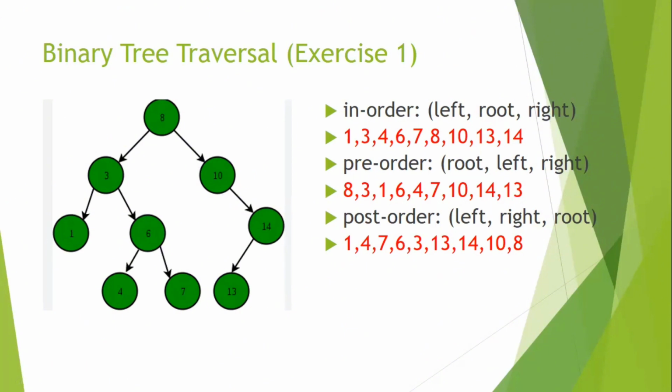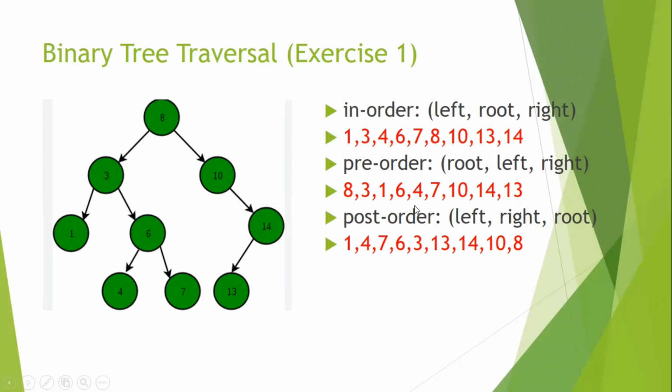Next one is pre-order, from root to left, then right. So the root is 8, then 3, then 1, then 6, 4, and 7, then 10, 14, and 13.